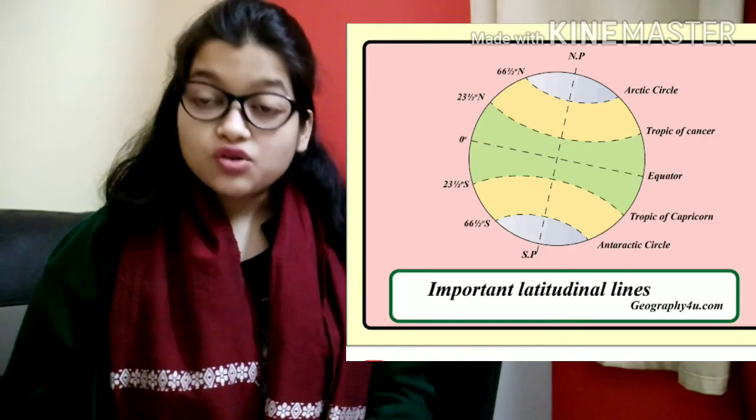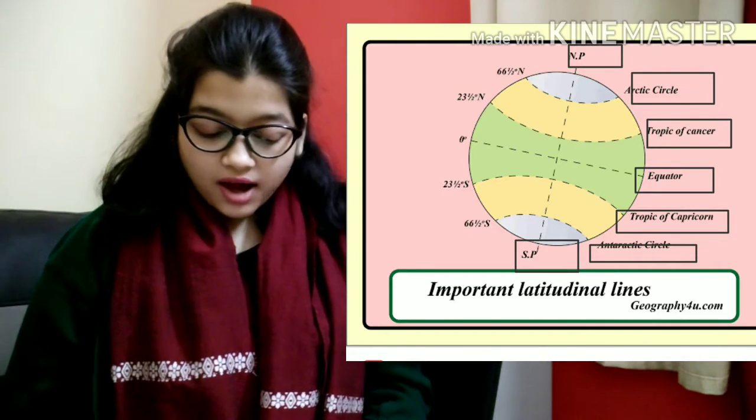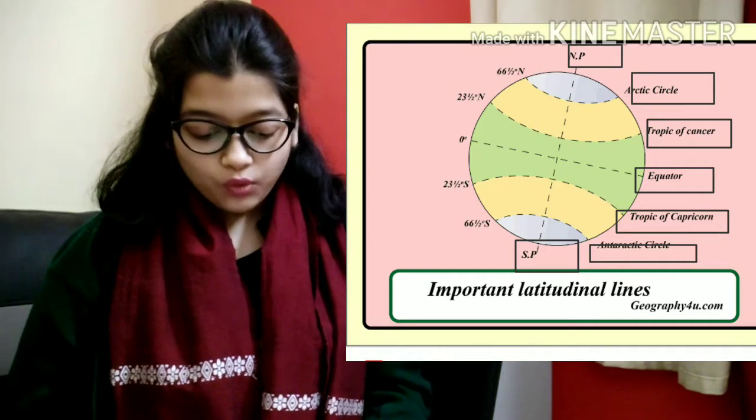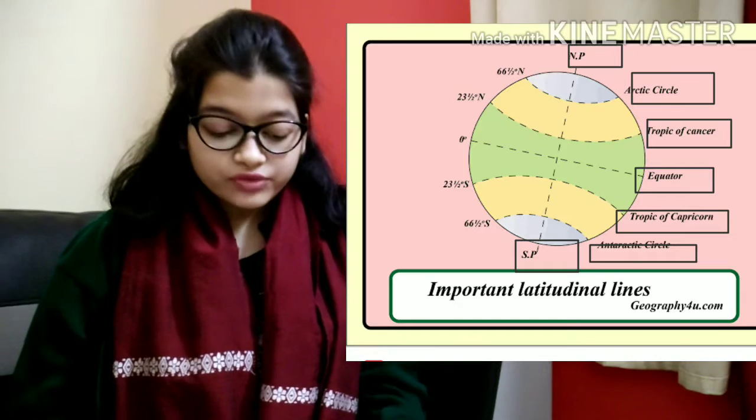These are the Tropic of Cancer, Tropic of Capricorn, the Arctic Circle, the Antarctic Circle, North Pole and South Pole, and also the numerical value of each line.